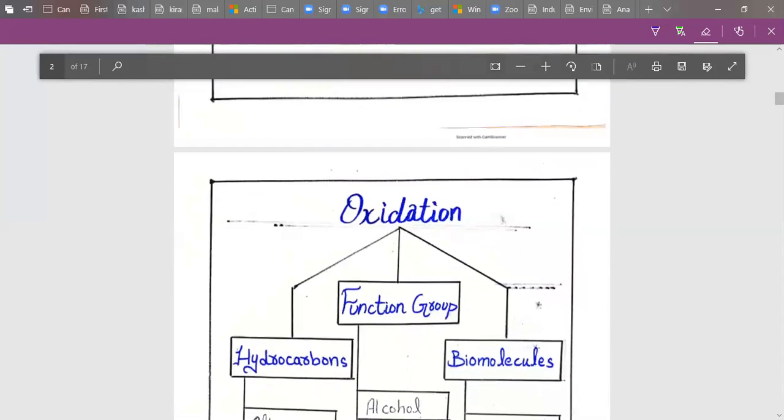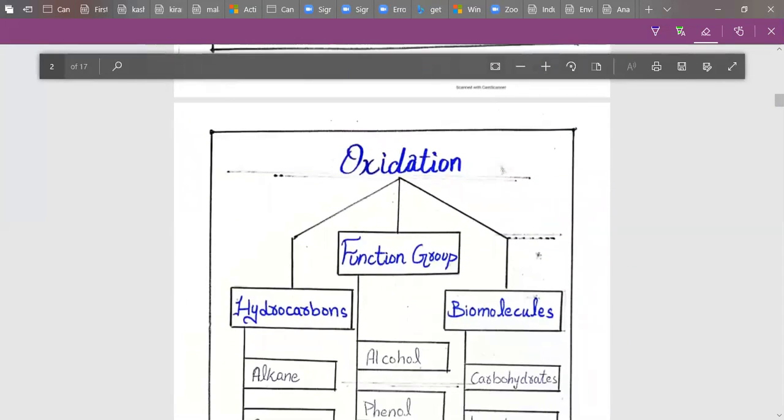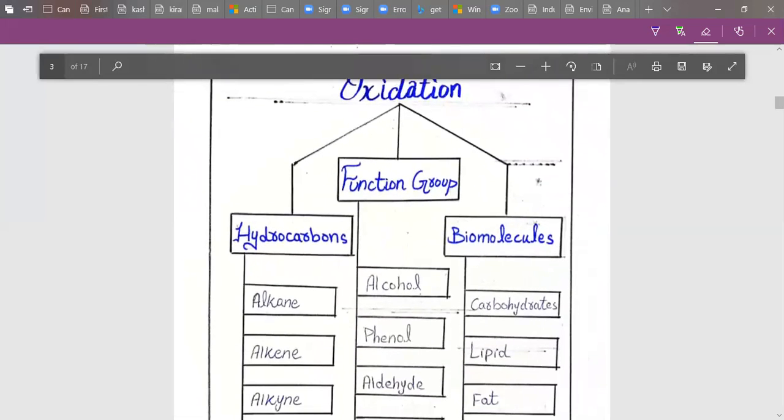First of all, I tell you about oxidation in different compounds. We can study oxidation in hydrocarbons, in functional groups, and in biomolecules.